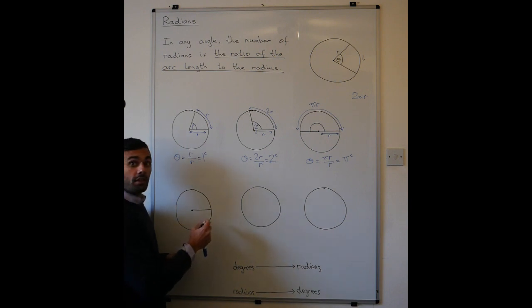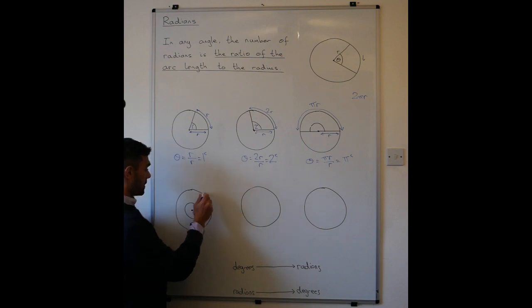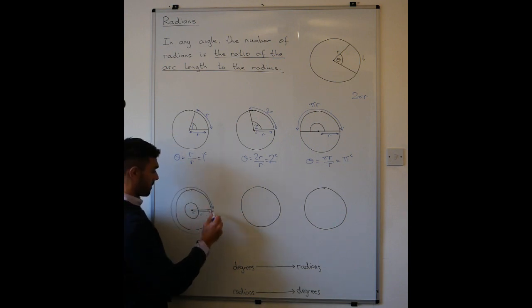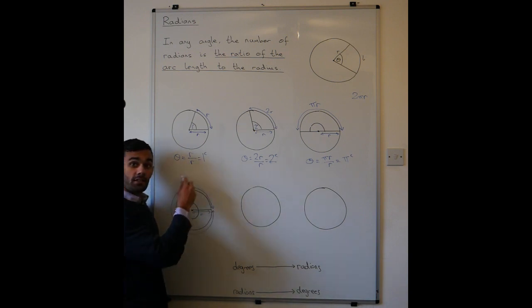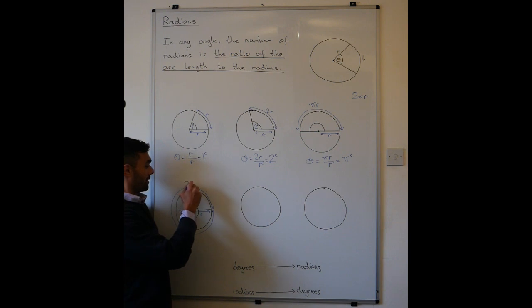This time I want the distance around the whole thing. So 1 full revolution. Again, the radius is r. This is what I'm after. So the question is, what is that distance around the whole circle? We did kind of just talk about it.